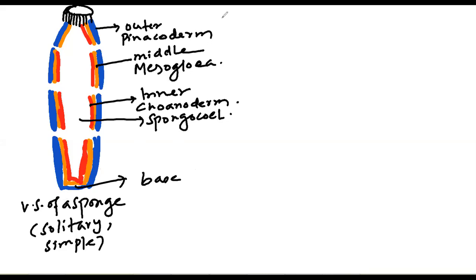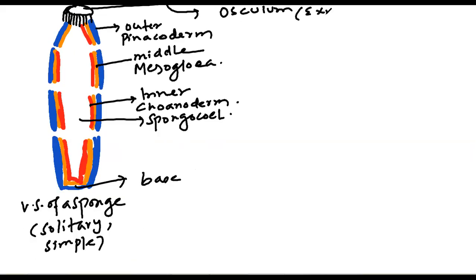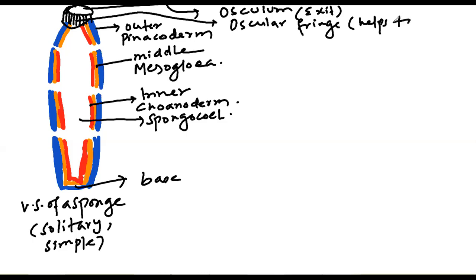Now this hole is called osculum, and this is basically the exit. And this structure is called the oscular fringe, which helps to filter out water.